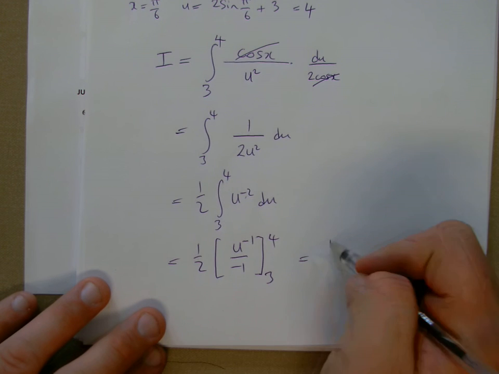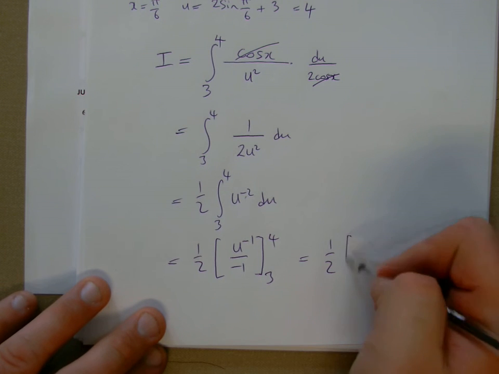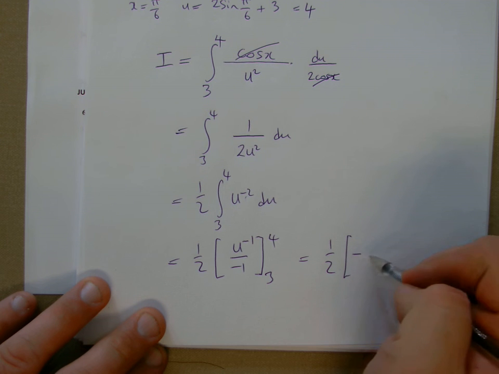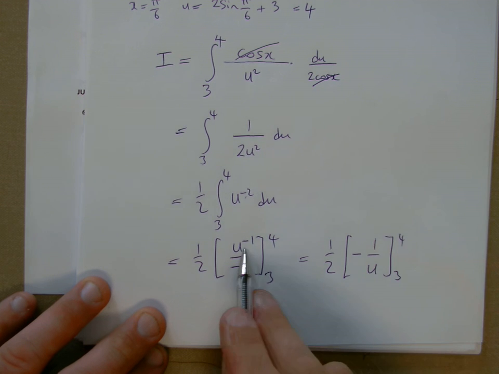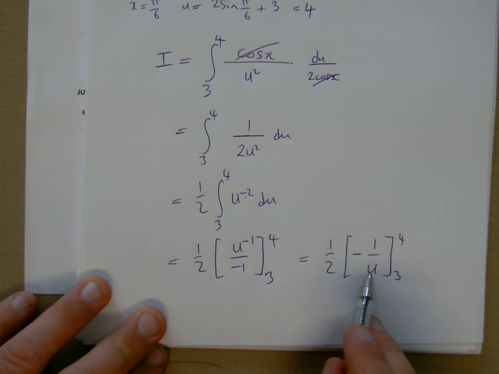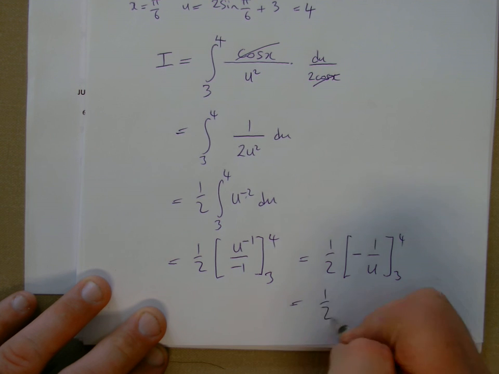So this becomes, in the bracket, minus, because there's a minus 1 on the bottom. We could take that u back down, because this is u to the power minus 1, so it becomes 1 over u, with a minus there. Then put in the limits.